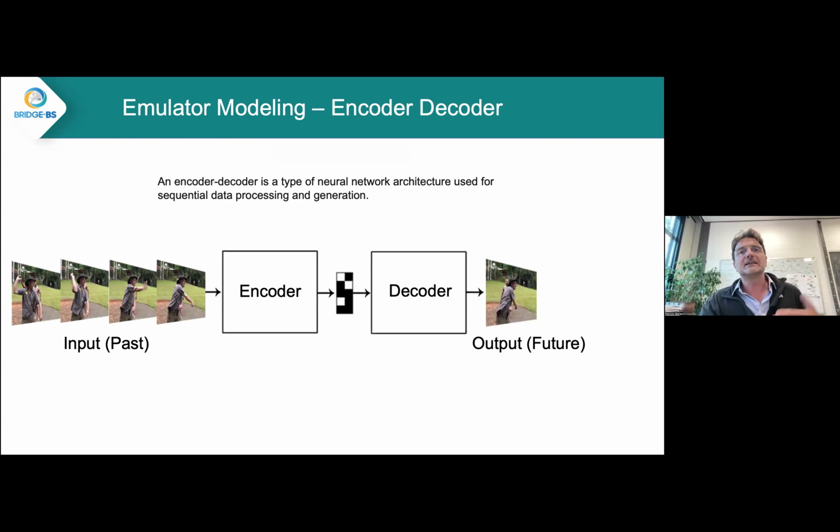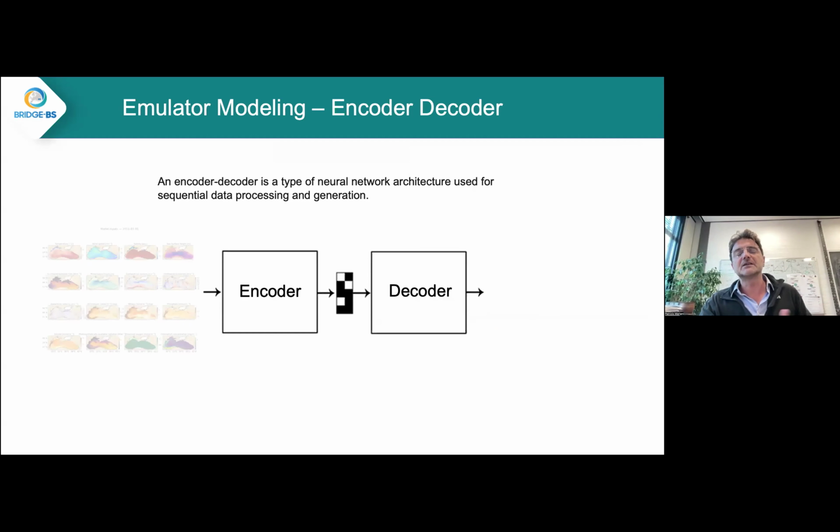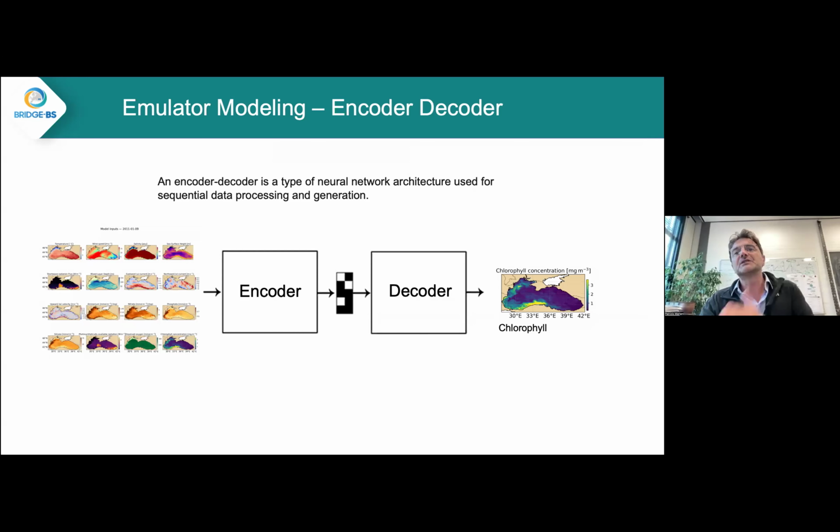That analogy is very close to what we have done, because we have a sequence of frames coming from the model simulations, and we try to predict the chlorophyll dynamic in the next time steps. We have modified the structure because, of course, we don't have a single channel. We have multiple channels, which are the different variables that we have used.